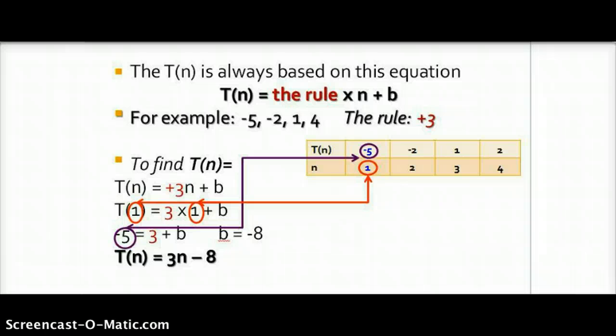The nth term is always based on this equation, t n equals the rule times n plus b. Work out this example, and check if you got the correct answer.